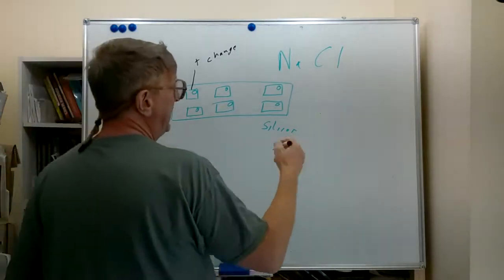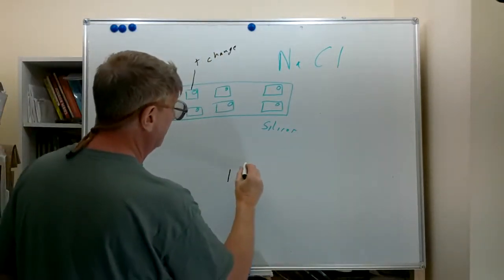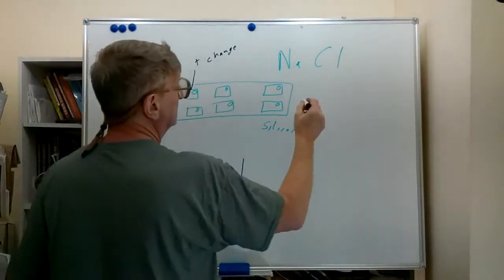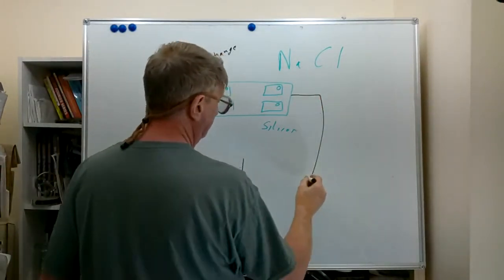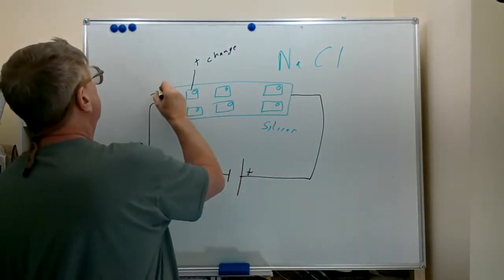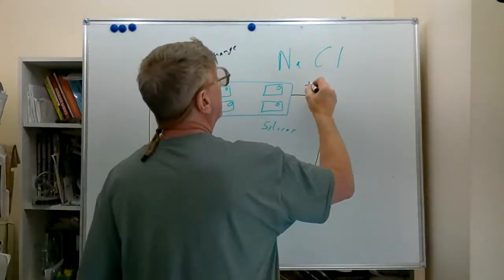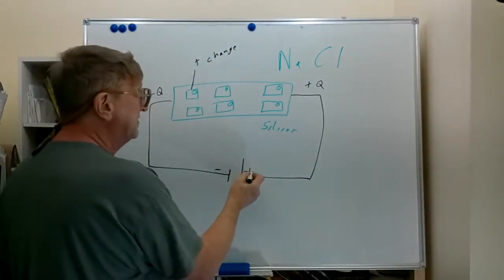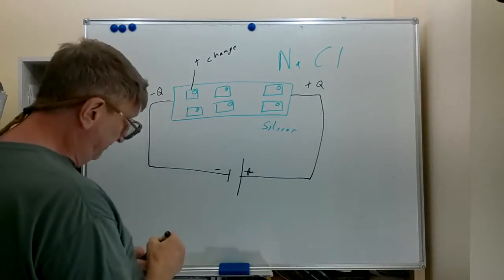If we apply a battery to this piece of semiconducting material, again we end up with our negative Q charge here, our positive Q charge here, created by the potential difference of the battery.